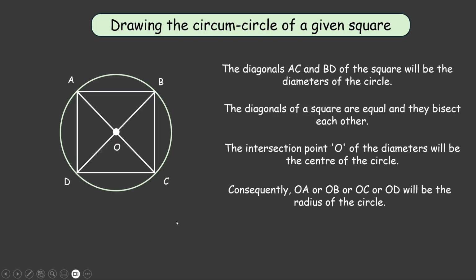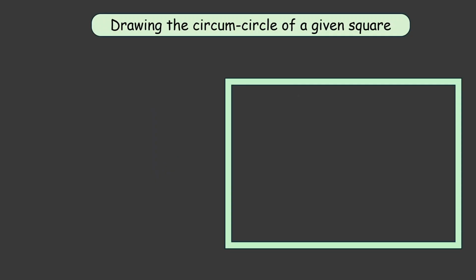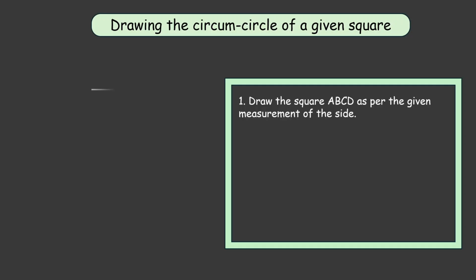So if we have a square, we just need to draw its diagonals; wherever they intersect is the center of its circumcircle. Using this knowledge, let us now use the steps to draw the circumcircle of the given square ABCD. So we'll draw the square ABCD as per the given measurement of the side.